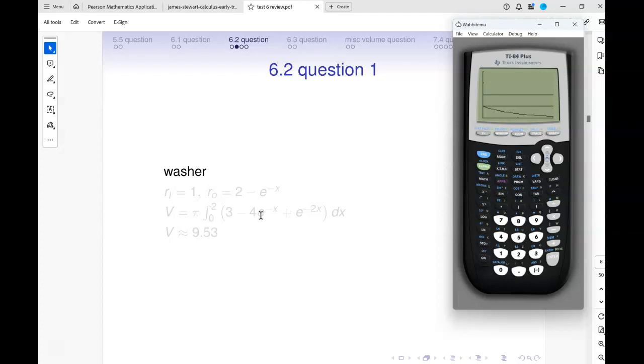Katie, wait, so what's the R? R inner is 1. Our radius is this distance from y equals 2 to y equals 1, distance 1, from 2 to 1. That's my R inner. And this distance from y equals 2 to the function is R outer. y equals 2 is our axis of rotation, so when you rotate it, this is the shape that you make, right?